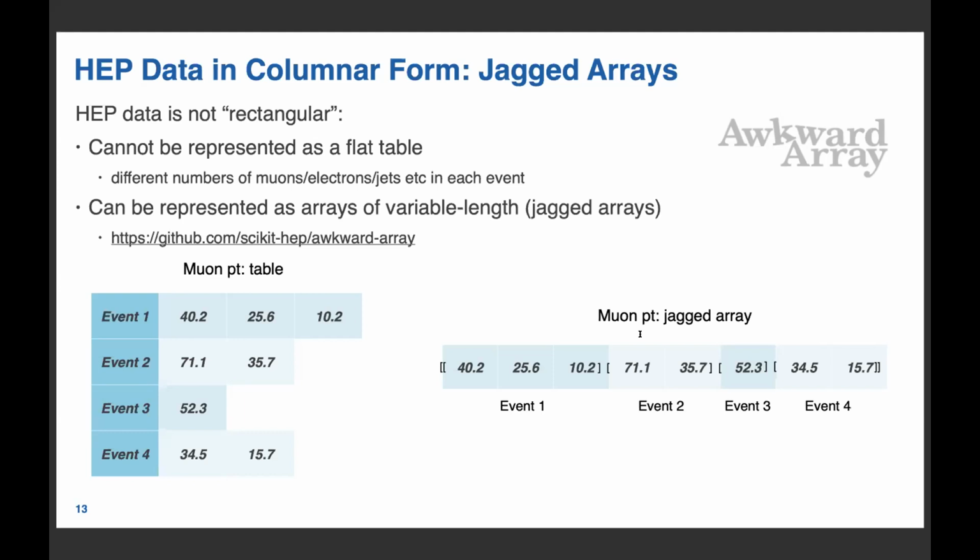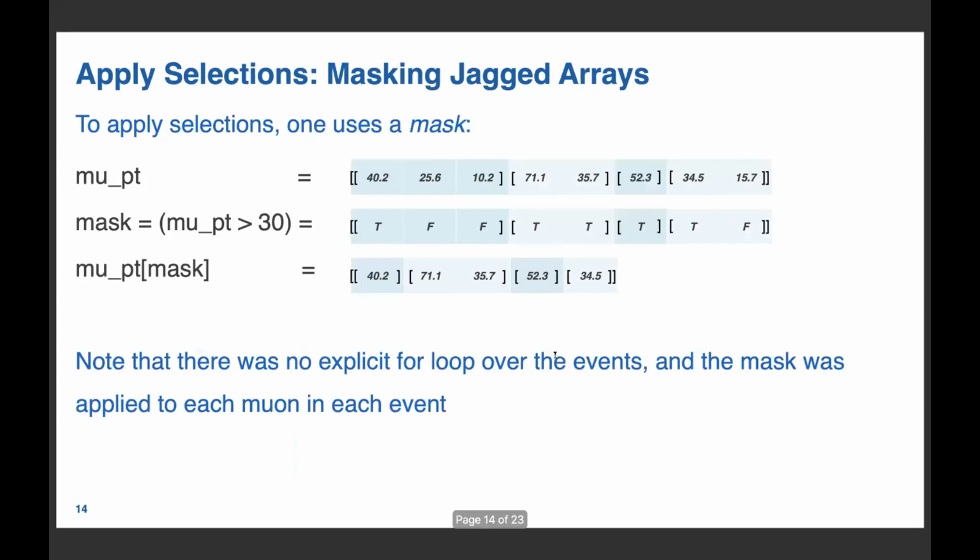Again, here we're representing only one feature of the muon particle, that is its pT, and it's going to be treated really as a column in a table. The only difference is that you have subarrays, and each subarray is representing an event. But you can still treat it as an array, and therefore you can apply all the array operations that you want to use a columnar analysis approach and operate on all the events simultaneously.